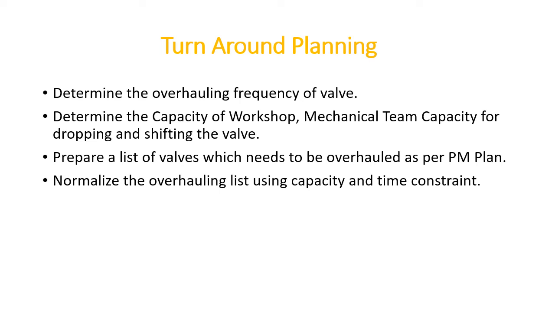Another criterion may be if the valve does not have any bypass; that kind of valve needs to be overhauled in every turnaround. Also, take the help of diagnostic software to check which valves have problems, and the identified valves should also be overhauled in the turnaround or shutdown.